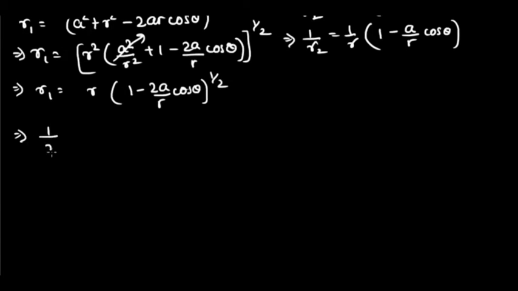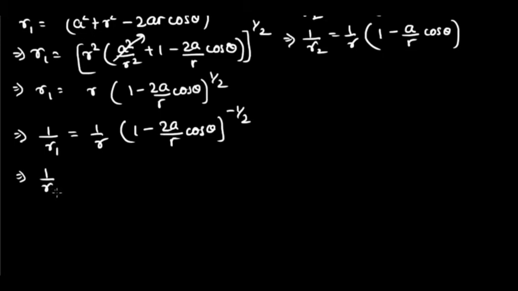We require the value of 1 by R1. If you take the reciprocal on both sides, you will get 1 by R1 equal to 1 by R into 1 minus 2A by R cos theta, whole to the power minus half. And again, if you use the binomial theorem, then this power minus half will be multiplied here.